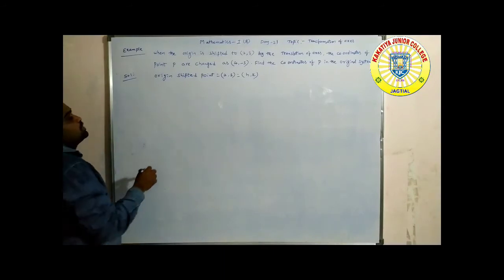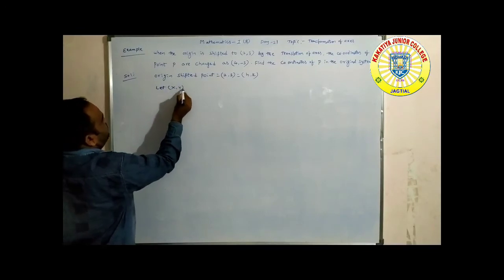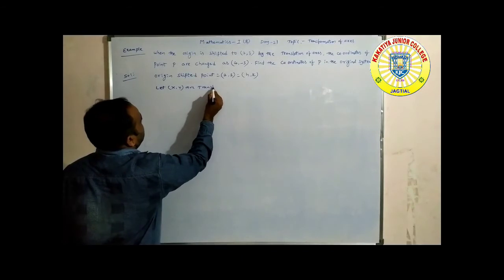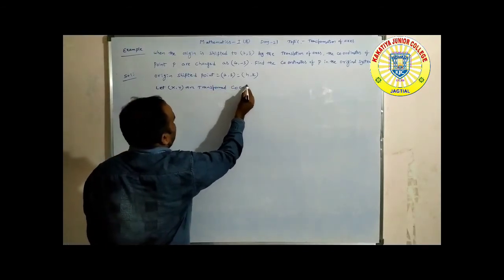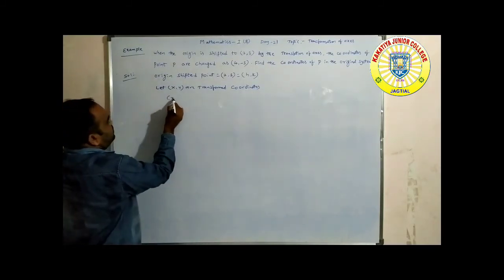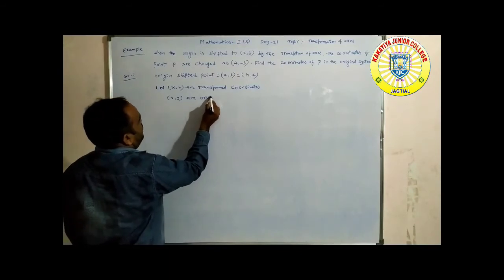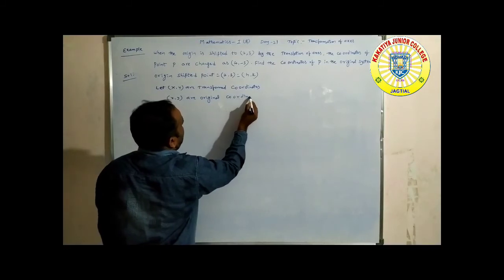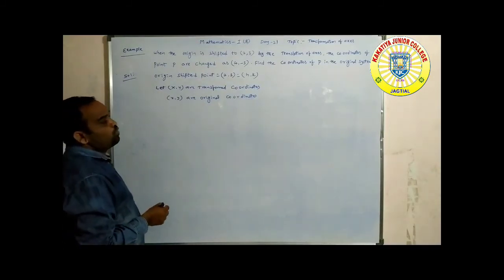So here let capital X, capital Y be the transformed coordinates. Small x, small y are the original coordinates.